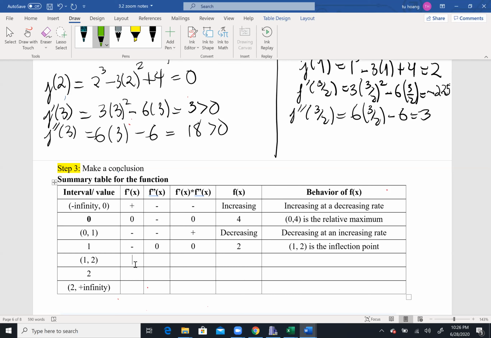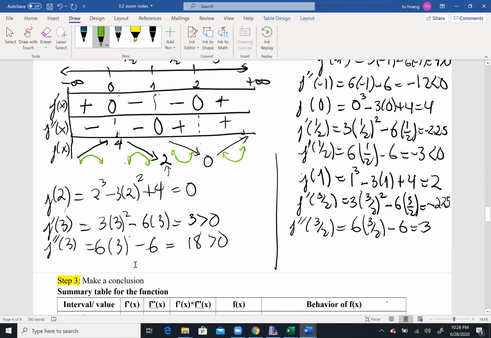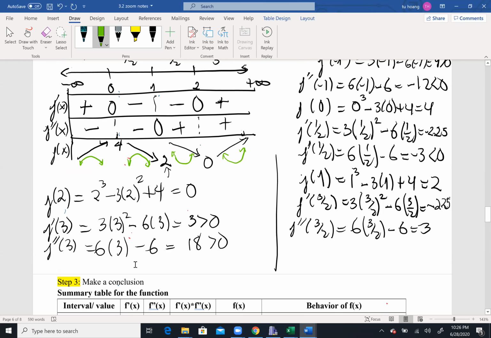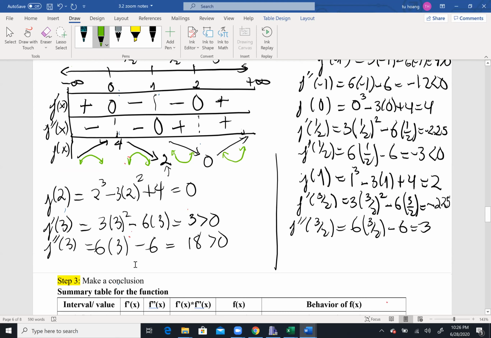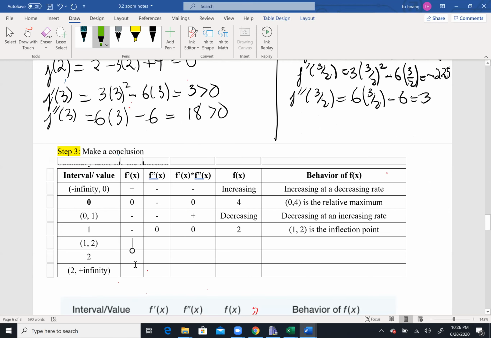Okay, so now I'm going to move to the interval 1 to 2. Okay, 1 to 2. I have negative for the first derivative, and for the second derivative it has to be positive. So negative, positive, and the product has to be negative.